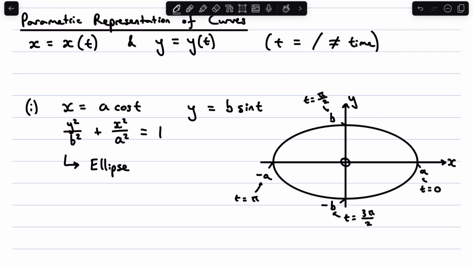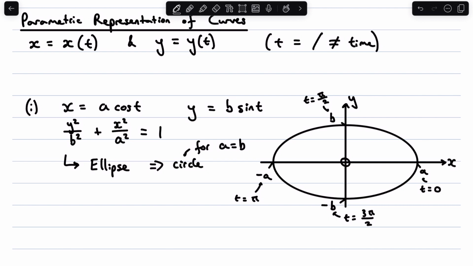And so from here we can do a quick sanity check. If we had a equaling b, this would turn into a circle. Just from the graph you can see if they were equal, that will squish it in or expand it out vertically into a circle.